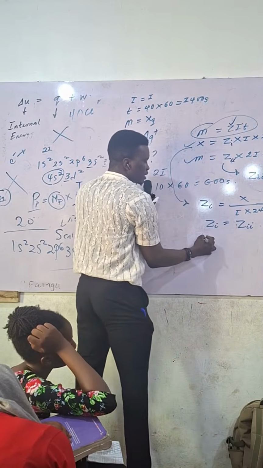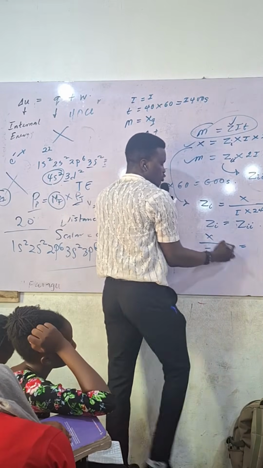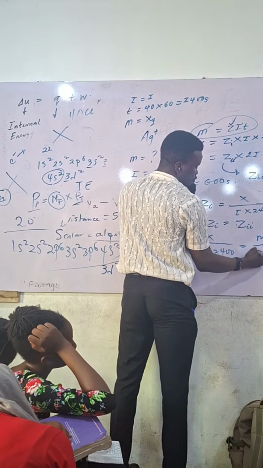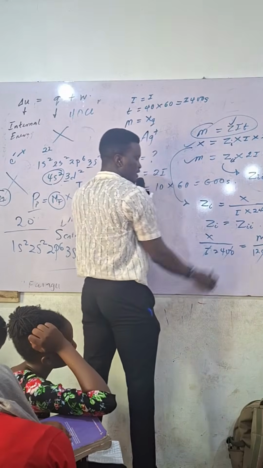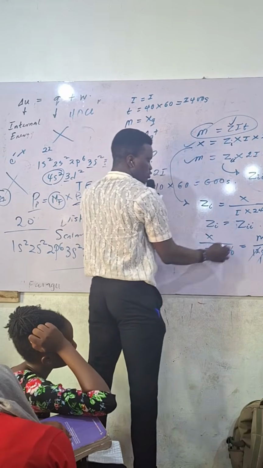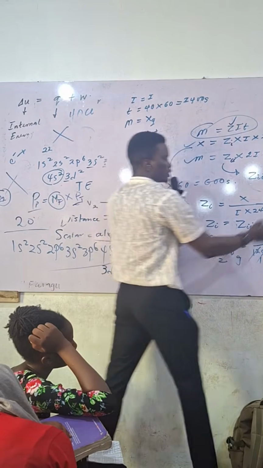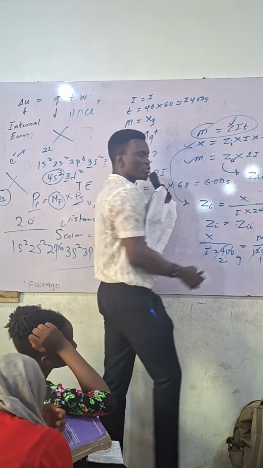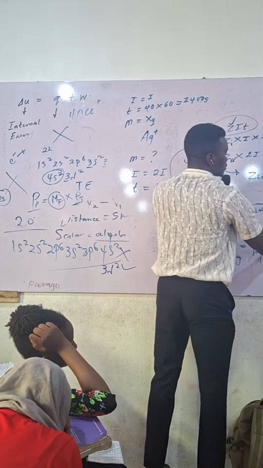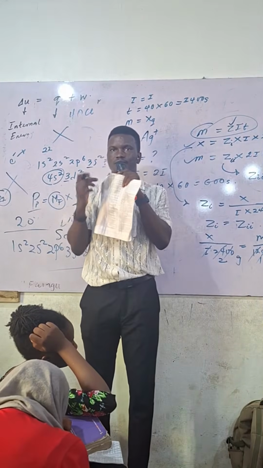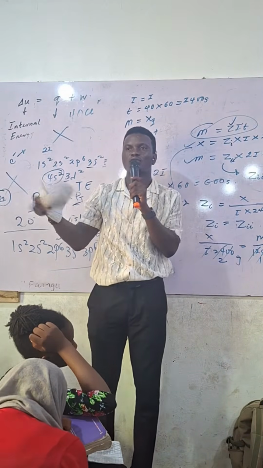Then X over I times 2400 is equal to M over 2I times 600. The I can go, and the zeros cancel: 24 here, 6 here. So M is equal to X over 2 gram. Don't make a mistake and cross again. That's your final answer.